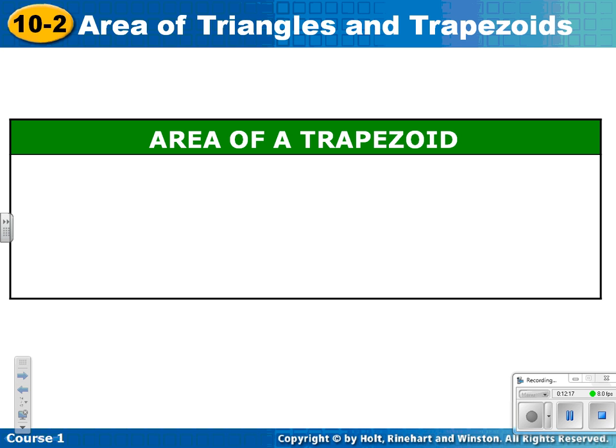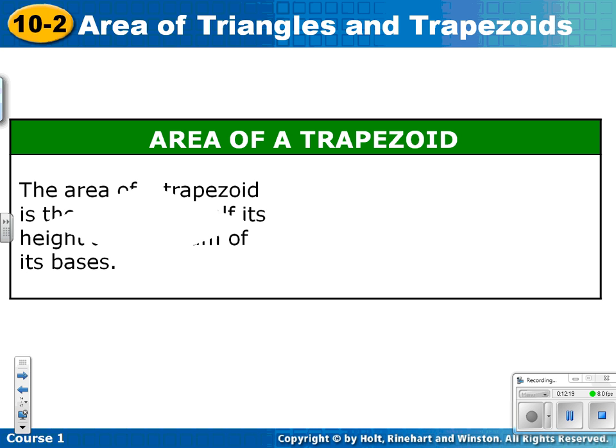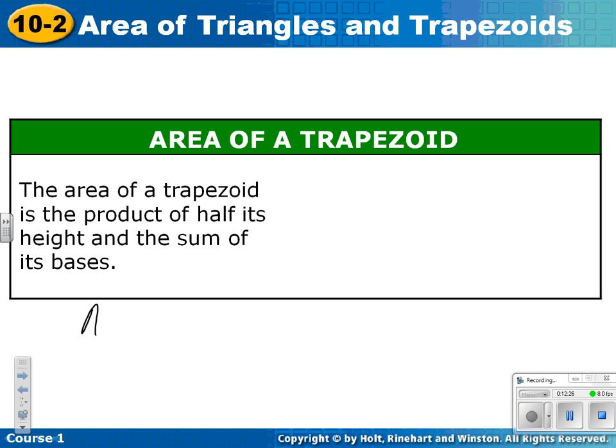Okay? So to find the area of a trapezoid, here's the formula. It says the area of a trapezoid is, so that's A equals the product, again we're going to multiply, of half its height, so 1/2 times h, and times the sum of the bases.